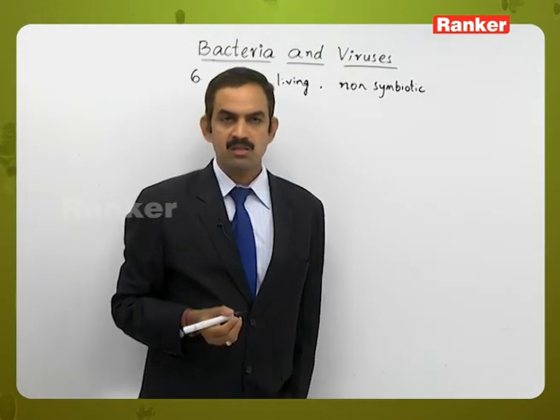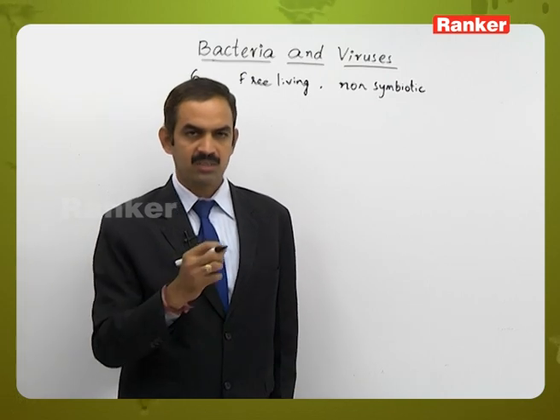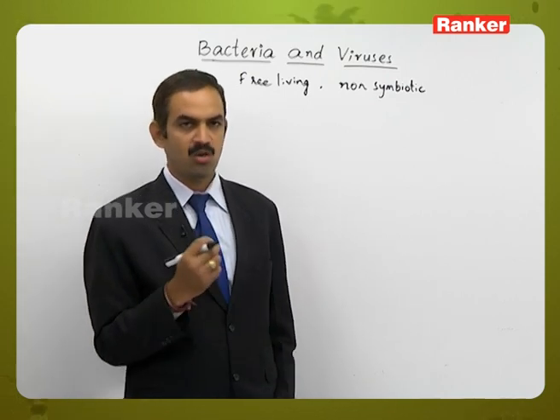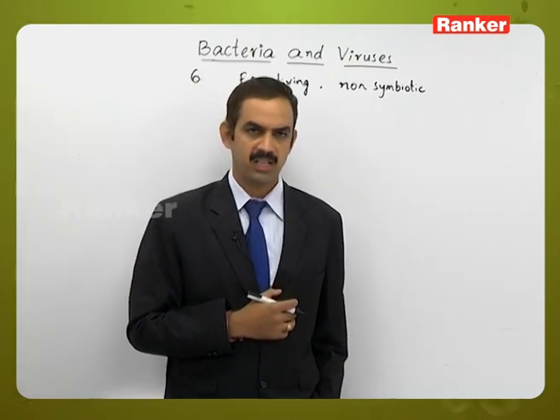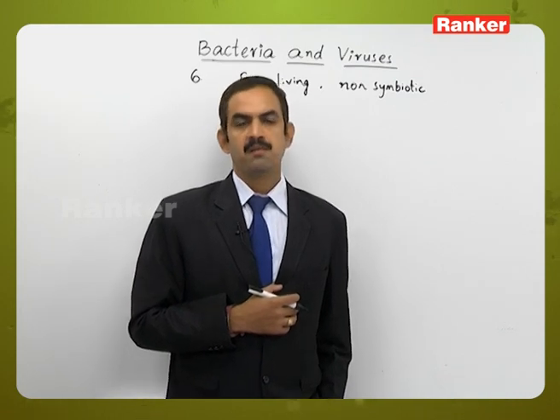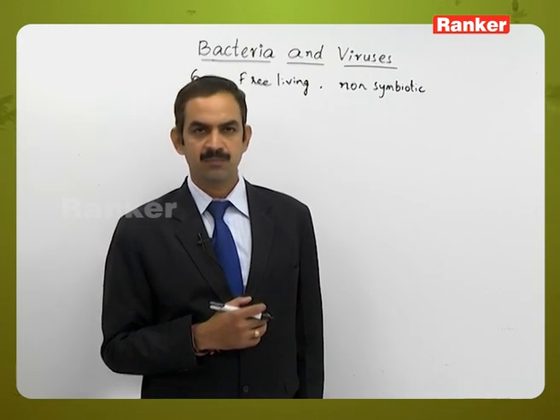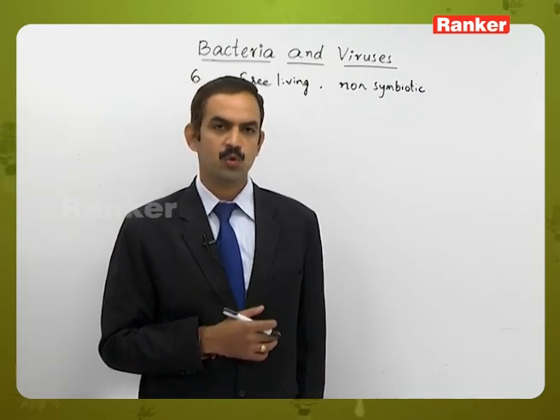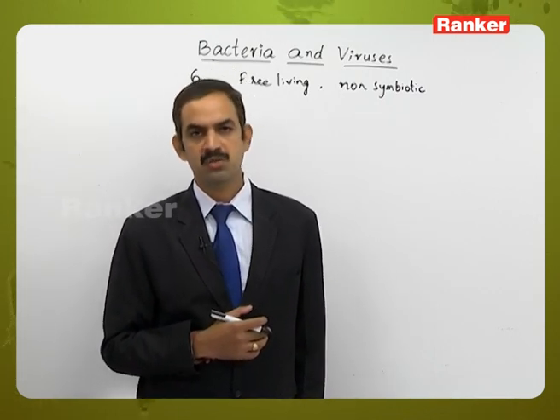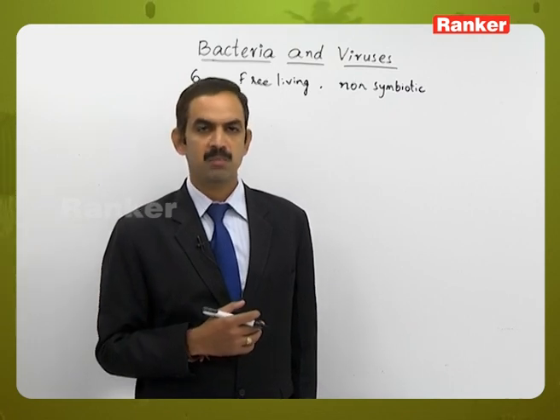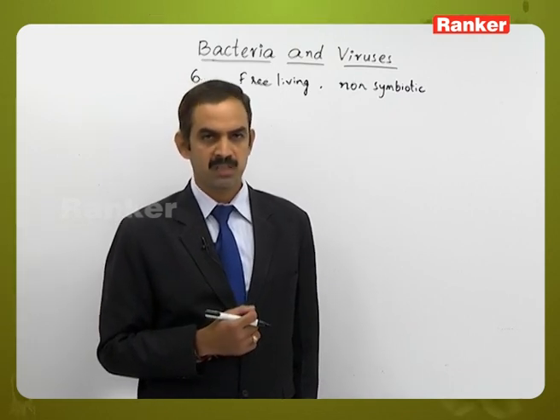Before non-symbiotic, we should have a little knowledge about what symbiotic association means. If two different types of living organisms are associated with each other, and that association is mutually beneficial, that means both organisms get benefited.